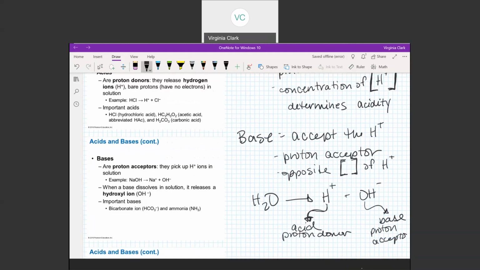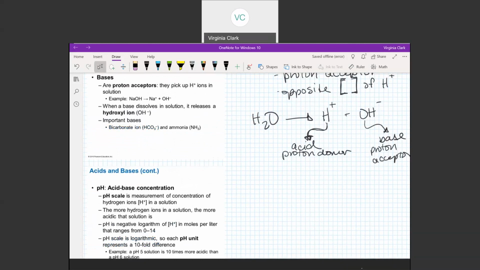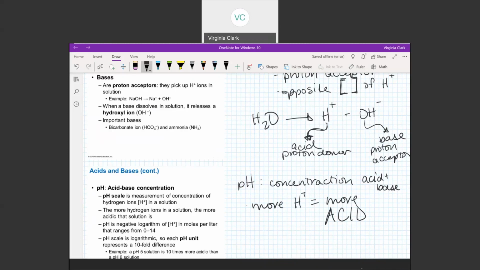So as we're going through this, we'll talk about the levels of concentration and how these things work together, which is the pH. So this is going to be the concentration of acid and bases. It's very easy because they are just an inverse relationship of each other. So more hydrogen ions, more acidic.